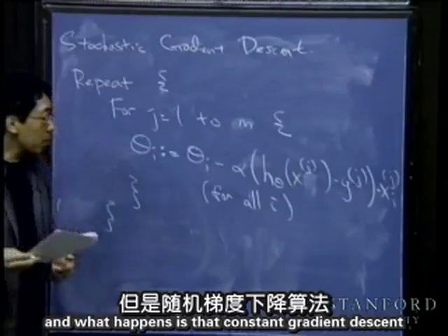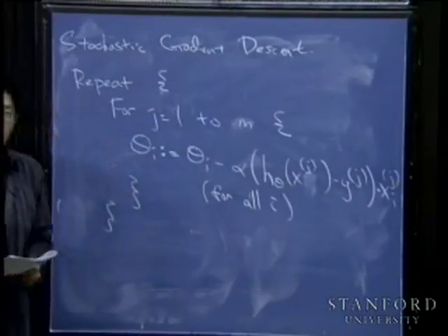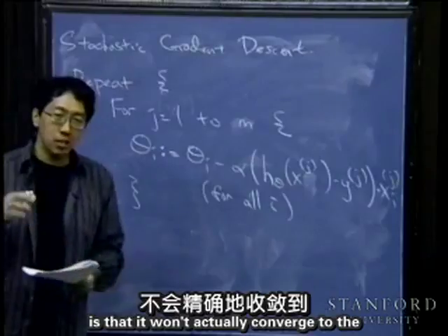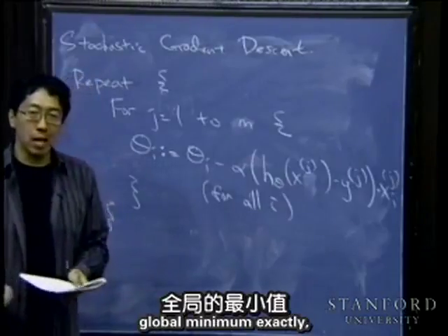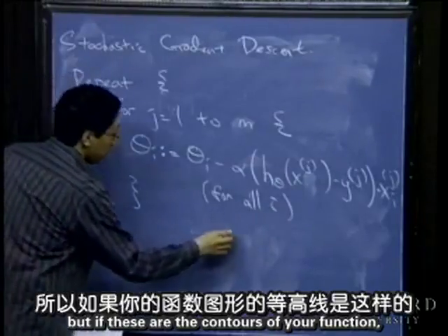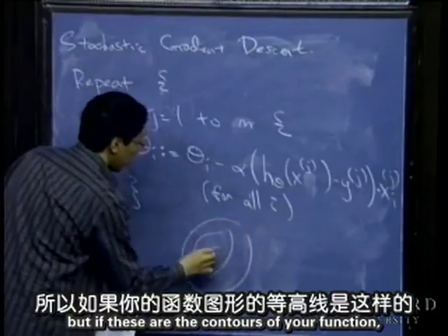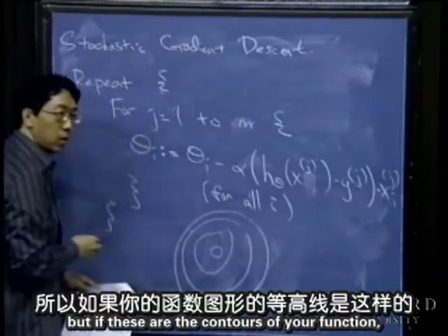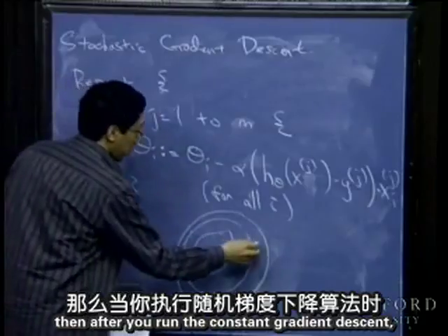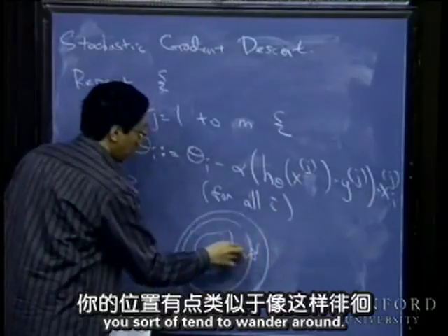What happens with stochastic gradient descent is that it won't actually converge to the global minimum exactly. But if these are the contours of your function, then as you run stochastic gradient descent, you tend to wander around.